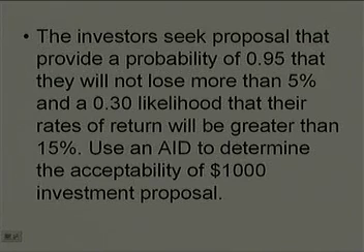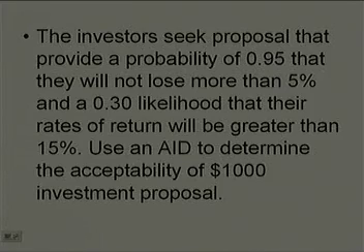He wants some confidence that his return should follow these expectations. That means he should have a probability of 0.95 that he is not going to lose more than 5%.